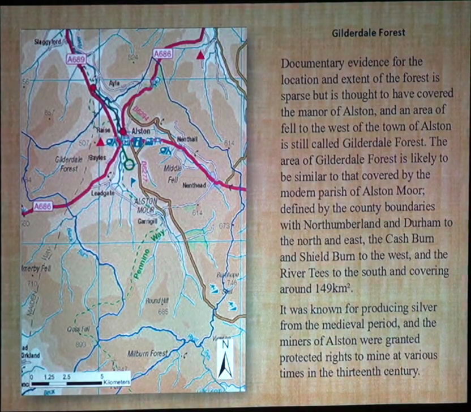The prime purpose of this forest was not hunting, it was the mineral wealth. So primarily silver, but also lead. And various protected rights were granted to the miners from the 13th century onwards. Next one, please.